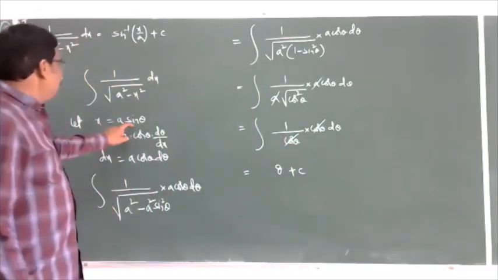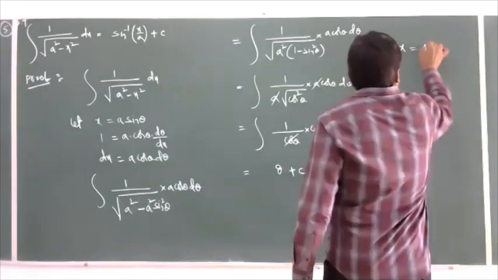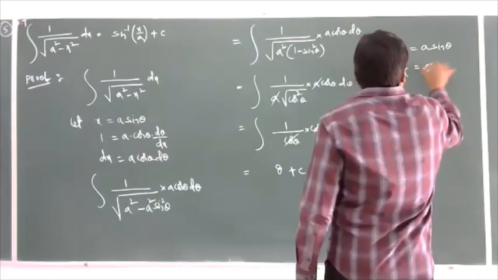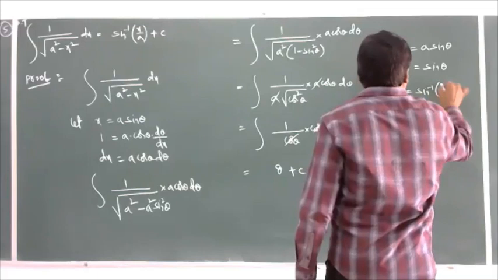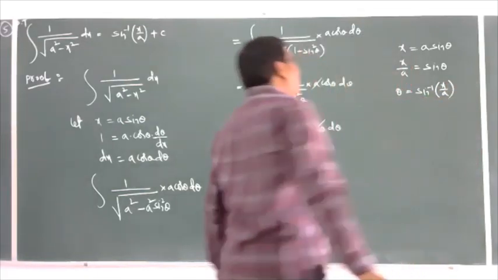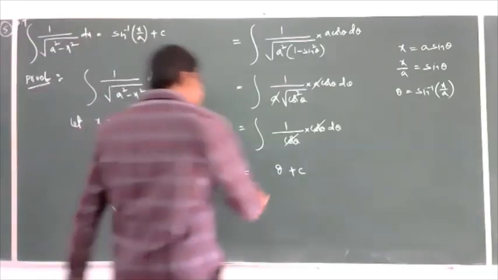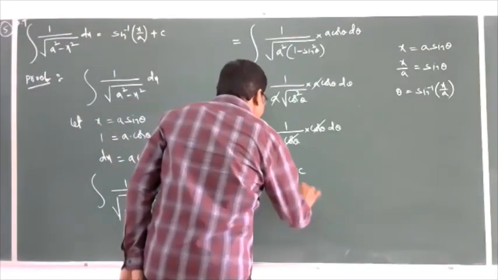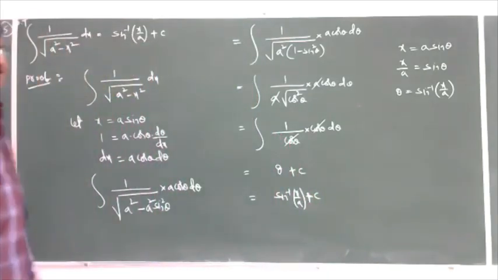So what is theta from here? X is equal to a sin theta, so x by a is equal to sin theta. From this, theta is equal to sin inverse x by a. That is equal to sin inverse x by a plus c.